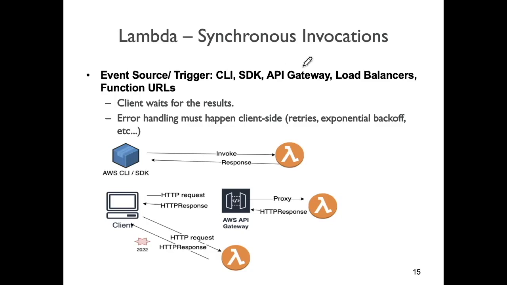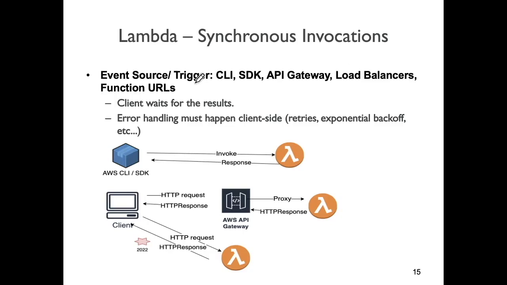API Gateway follows this synchronous model. We look at API Gateway next week, I think. You can actually link up a load balancer with a Lambda function. A load balancer isn't always the front for an EC2, so we won't be looking at that, but that is possible. If you do integrate a load balancer with a Lambda function, the communication between the two is synchronous.